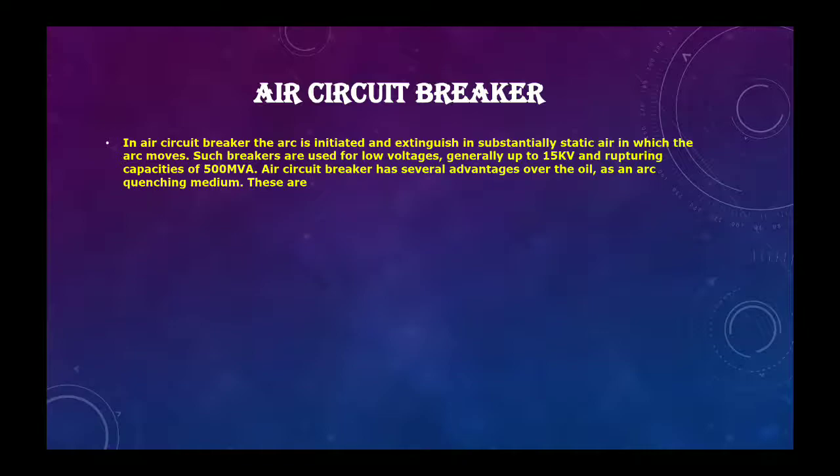The air circuit breaker has several advantages over oil as an arc quenching medium. These are: number 1, elimination of the risk and maintenance associated with the use of oil.